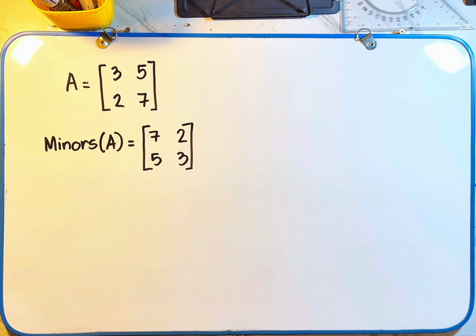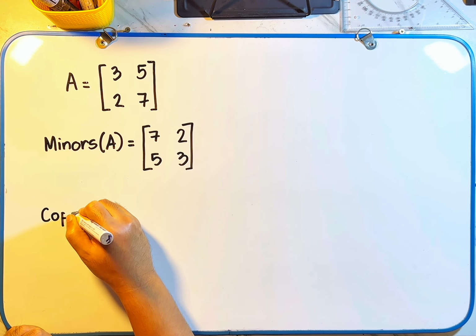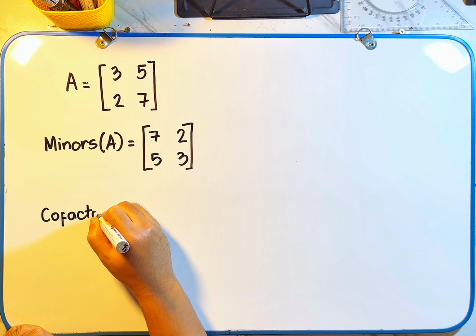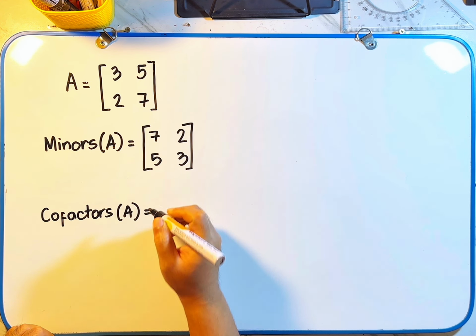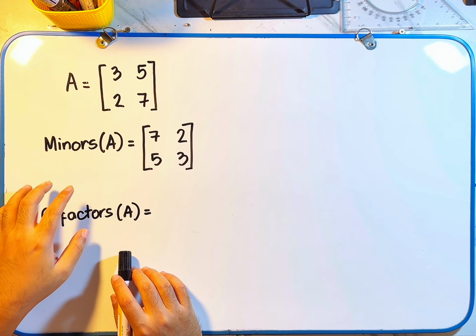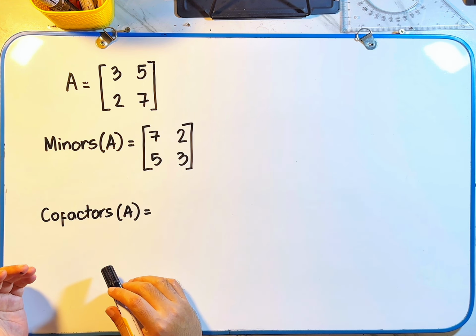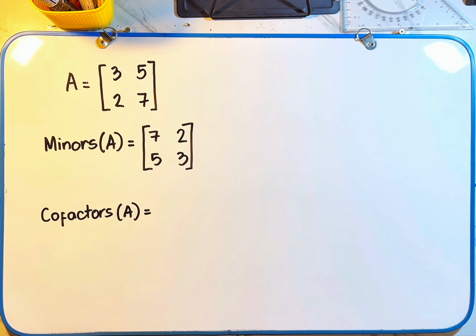Next, let us try to find the cofactors. So cofactors of matrix A. And the cofactors of matrix A is similar to its minors, except that there's some variation on the signs. Okay? So there's a formula for cofactor.